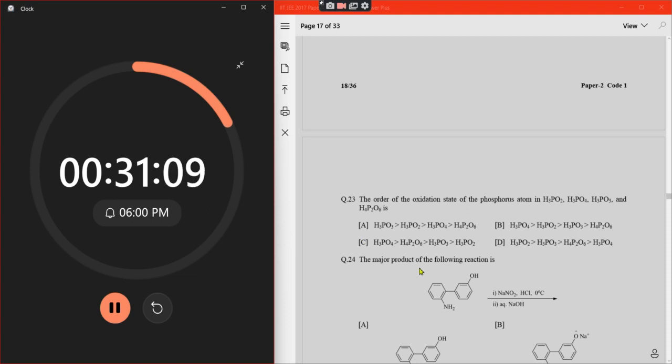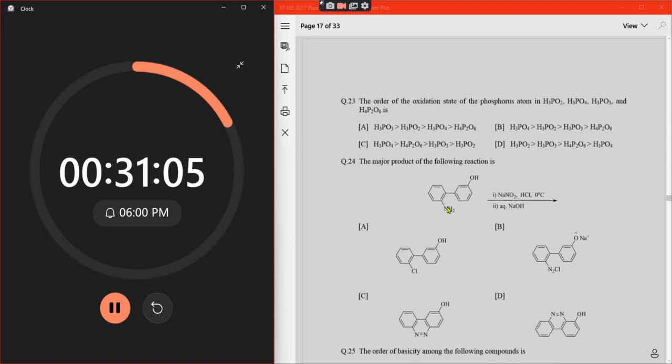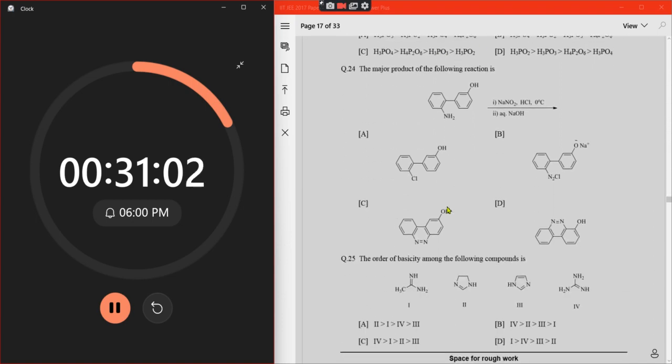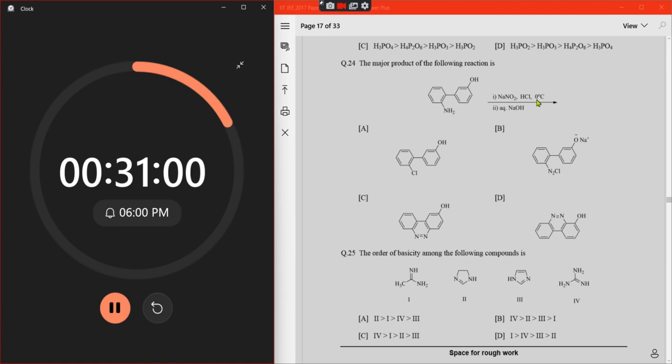The major product of the following reaction is: NaNO2, HCl, 0 degree Celsius, then aqueous NaOH. Oh, he's just doing that of course, right, as a diazonium salt, और उसके बाद में aqueous NaOH, it just forms this guy of course, right? Oh, ये थोड़ा सा अलग है.